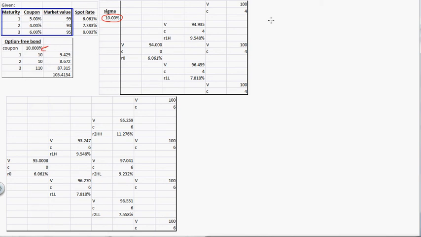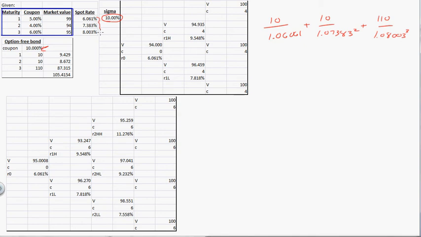So the first thing to do is price an option-free bond that has a coupon rate of 10%. And the way we do that is over here. We say 10 divided by 1.06061 plus 10 divided by 1.07383 squared plus 110 divided by 1.08003 cubed.